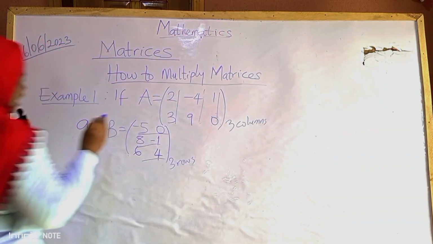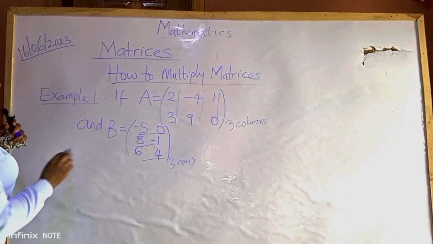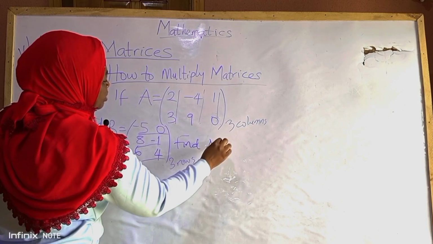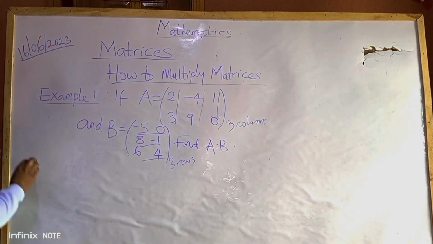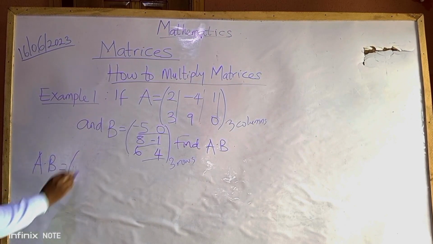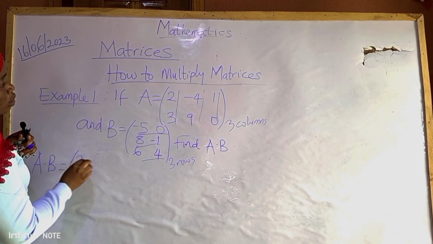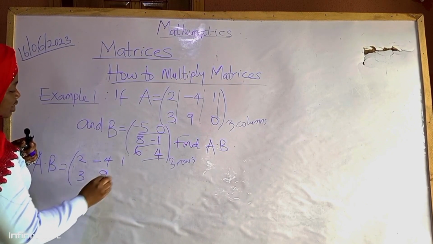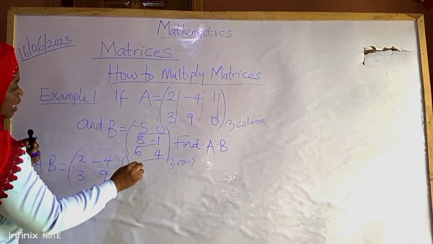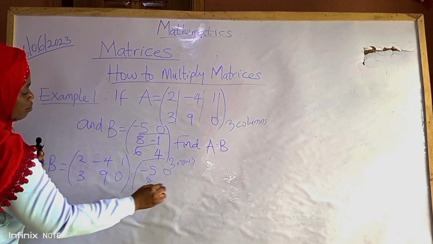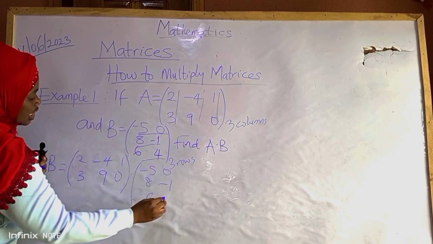So now the next thing I'm going to do is find A multiplied by B. My A multiplied by B is going to be, I'm going to write A: 2, minus 4, 1, 3, 9, 0. Then multiply by minus 5, 0, 8, minus 1, 6 and 4.